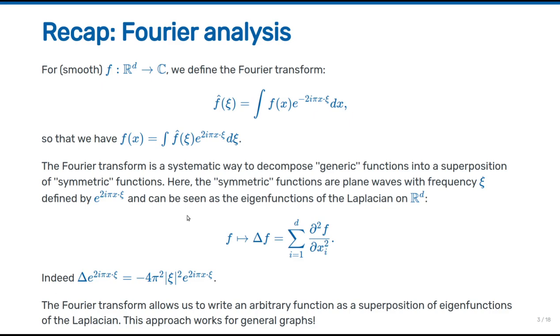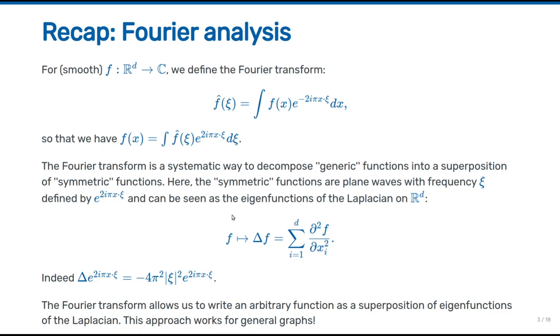So from a very high perspective, the Fourier analysis allows you to decompose your original function f as a sum, with this integral, of Fourier coefficients, if you want, times these very symmetric functions, which are eigenfunctions of the Laplacian.